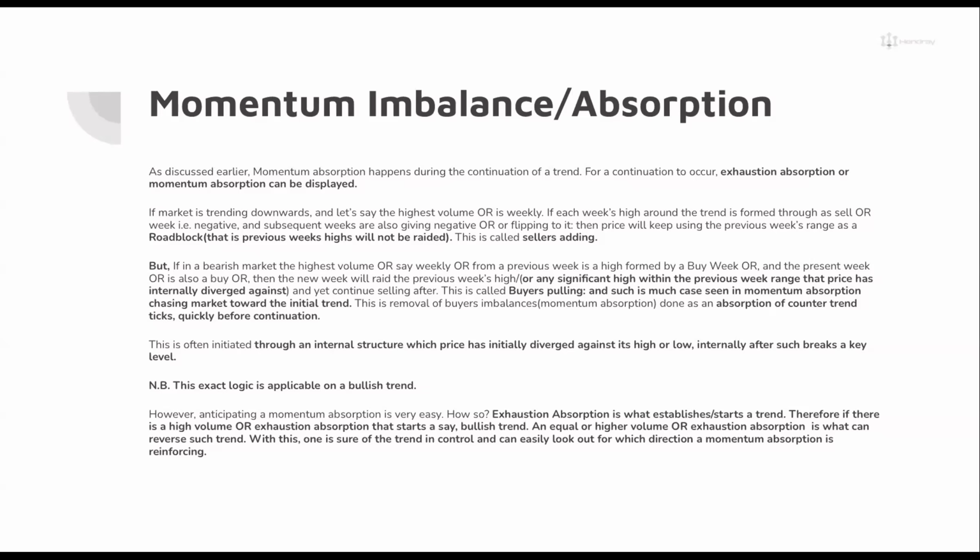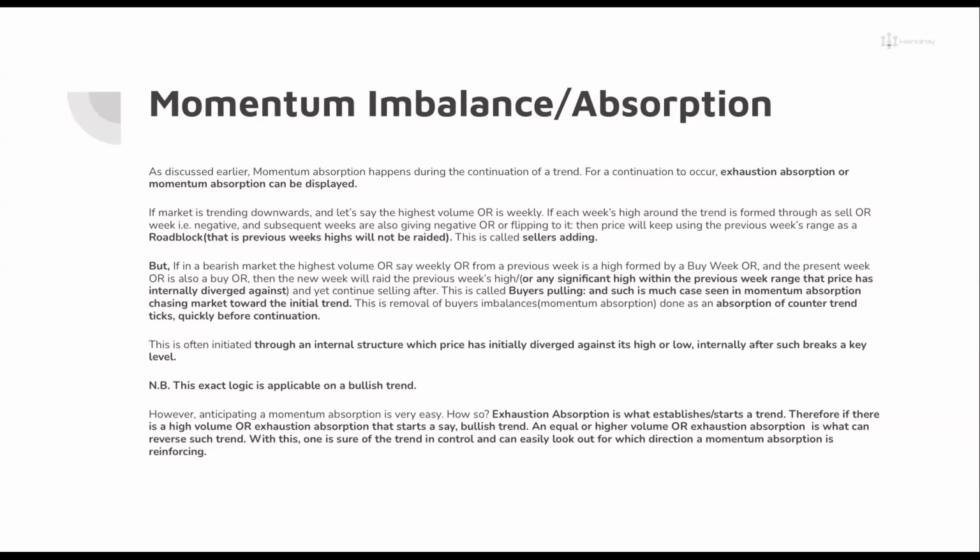This is often initiated through an internal structure which price has initially diverged against its high or low. Internally, after such breaks a key level. Note, this exact logic is applicable in a bullish trend. However, anticipating a momentum absorption is very easy. Also, exhaustion absorption is what establishes or starts a trend.